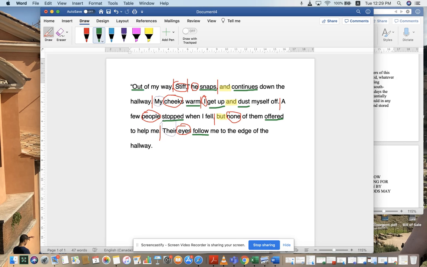Remember, English sometimes does not show you the predicate right away because out of is a preposition. But what's implied and not written is get. Okay, so get out of my way. And this is two things.